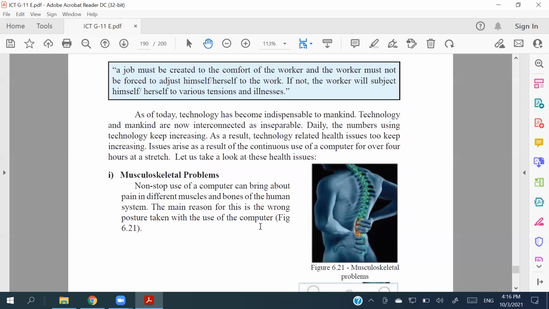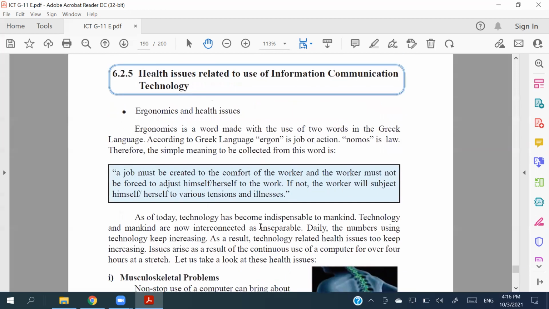So I was having some symptoms regarding carpal tunnel syndrome. So later I did some exercises and got rid of it. So this is just explaining what kind of illnesses or health issues that we can have, right?